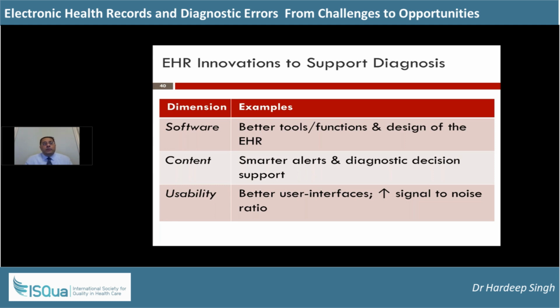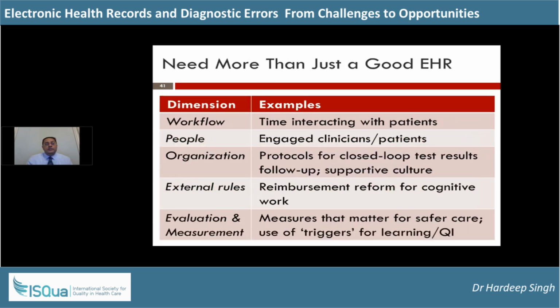But then we also need more than just a good electronic health record. So we need time to talk to patients, time to listen to patients and what their stories look like. Oftentimes with technology, it's hard to do that. We also want clinicians who are engaged and patients who are engaged in order to make all of this effort successful. At an organizational level, we need a better culture of understanding, better leadership.